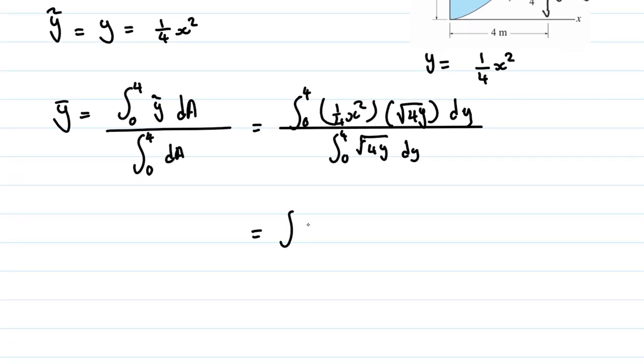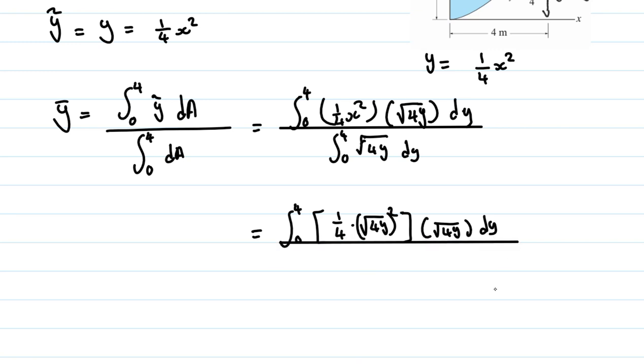So now we have the integral from 0 to 4 of 1 over 4 times the square root of 4y, squared, multiplied by the square root of 4y dy, and then divided by the integral of the area from 0 to 4.